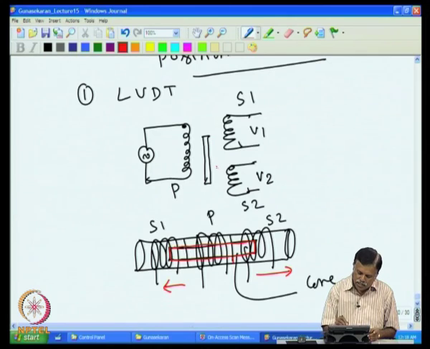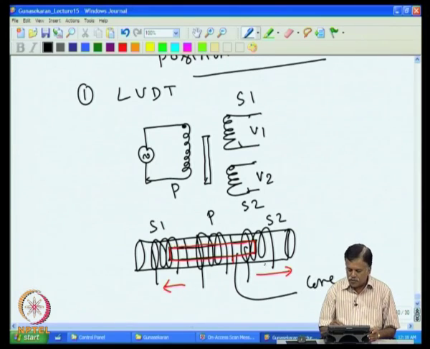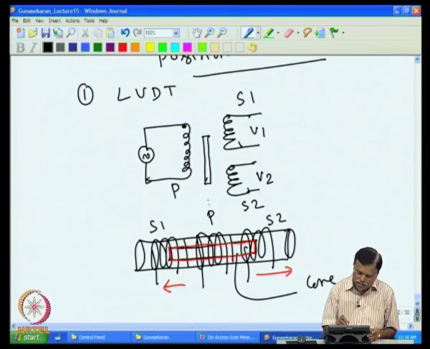So, we showed it schematically like this. Physically the LVDT looks like this. Essentially, they link this one to the displacement that is to be measured, that is, mechanically connect this to the system where the displacement is to be measured.